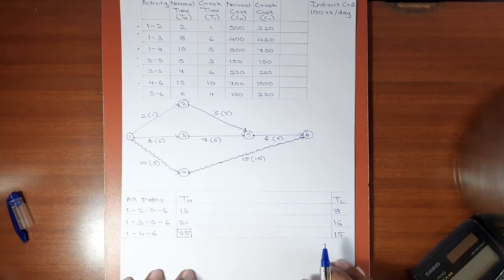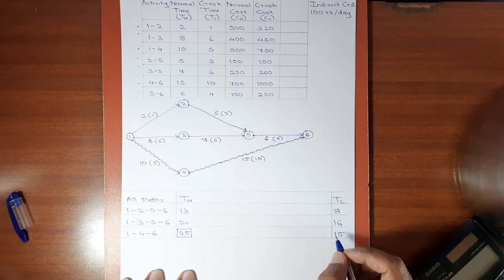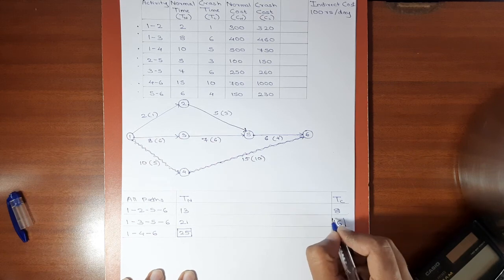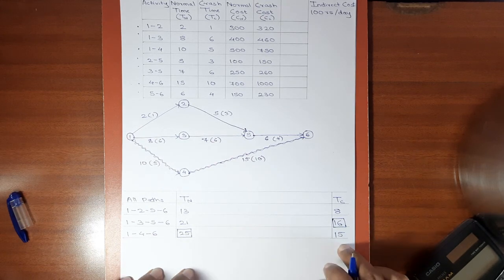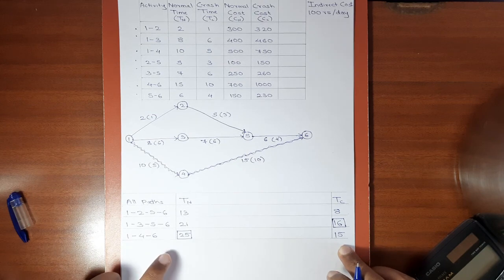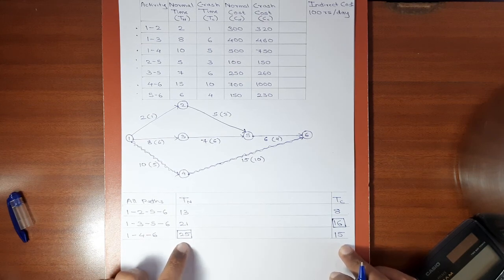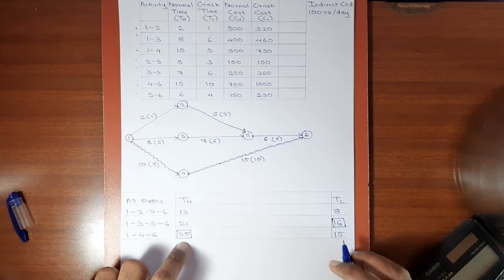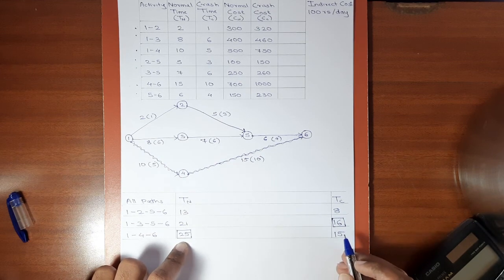Now let's check which path has maximum crash duration. Here maximum crash duration is 16, which belongs to the second path. These two values tell us that our crashing process will start from 25 days and it will stop at 16 days. There is no way this project can be completed in less than 16 days.